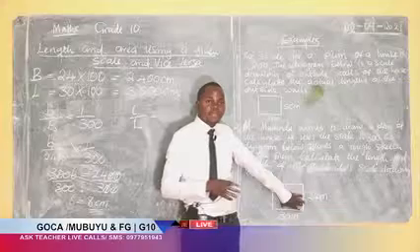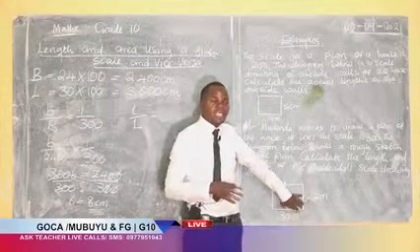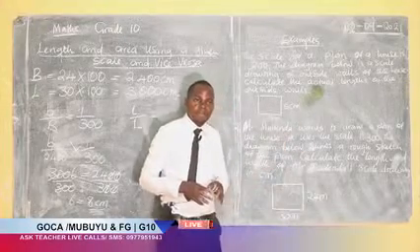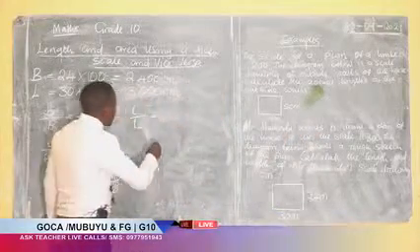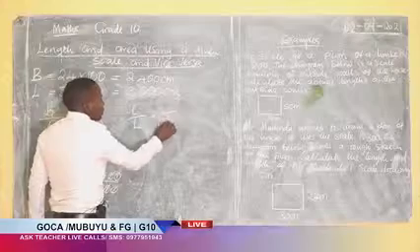So you are using the same scale for the same plan, which is 1 to 300.